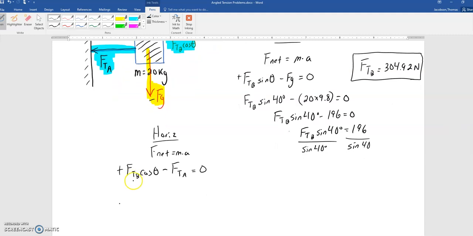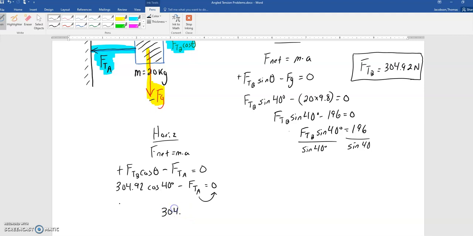It just becomes number crunching. So I know FTB. That's from what we just got, 304.92 cosine of 40 degrees minus FTA. That's what we're trying to solve for, sorry. That's the tension in rope A that we want to know. How much force is that rope pulling with? Equals 0. And then I can just bring that to the other side.